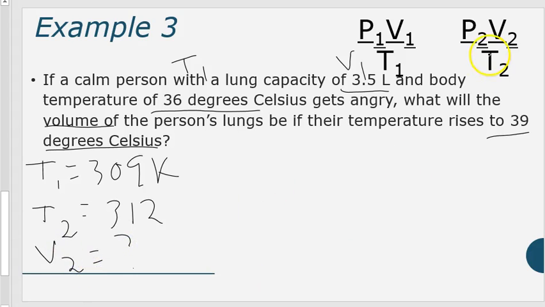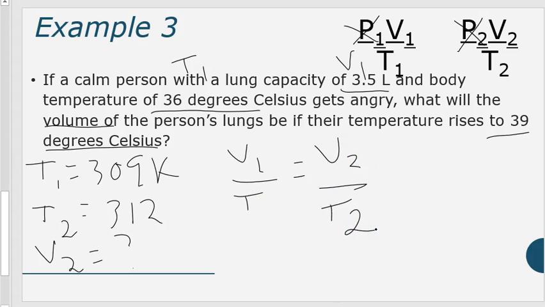So let's come up here to our equation. Which piece do we not need? Well, it looks like we don't need pressure. So we'll mark that out, and our equation that we're going to use is V1 over T1 equals V2 over T2. And it works the same as the last question. We're just dealing with volume and temperature this time.